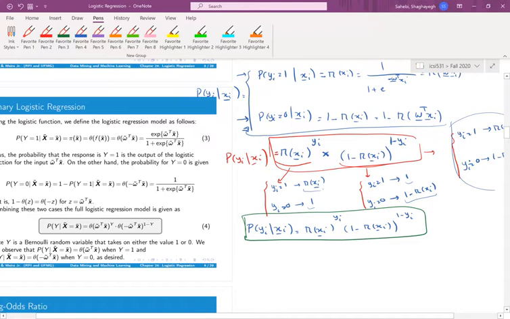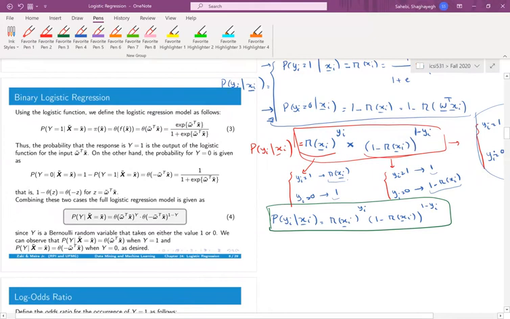Now, okay, so if I have this, what can I say about all of my data points? So this is for one data point, right? yi and xi.